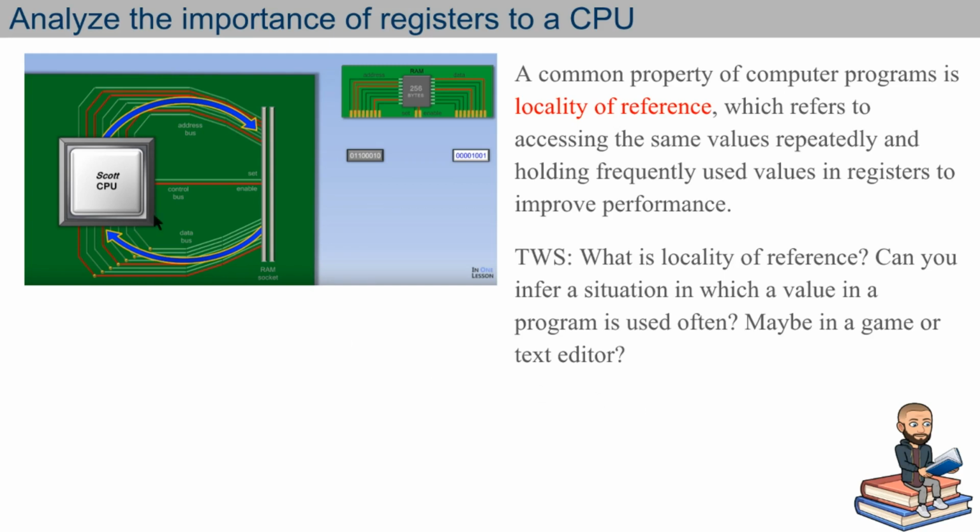And if you haven't seen this video on the Scott CPU yet, I highly suggest it. I think they give you a wonderful visual in terms of what's going on when you're using a computer. Right here is the RAM, this is the processor, so there are registers in there, right? The lines coming out here are what's called the address bus. You have your two very important wires here called a set and an enable, basically the ability to read and write, and then on this side you have the actual data.